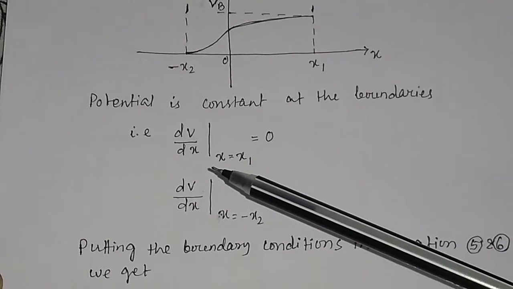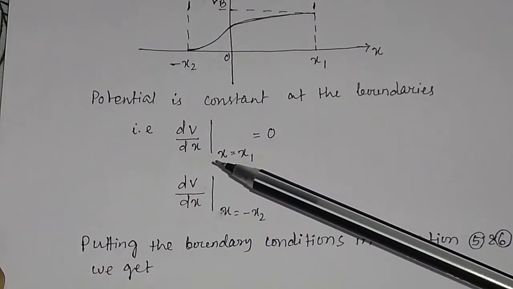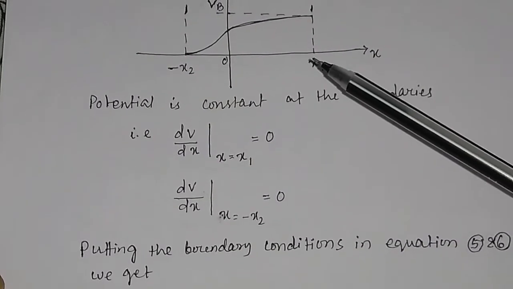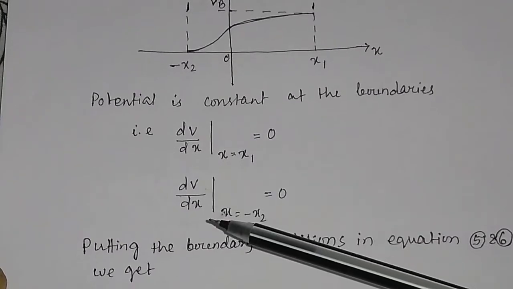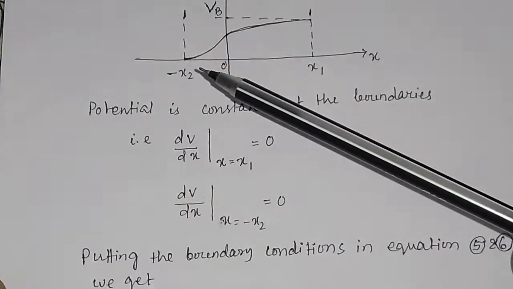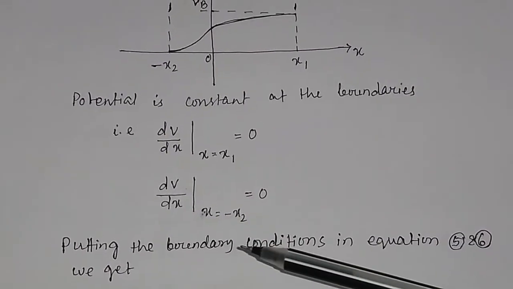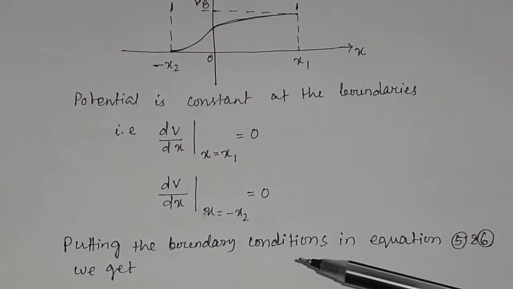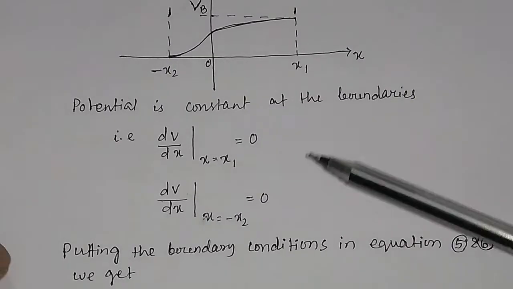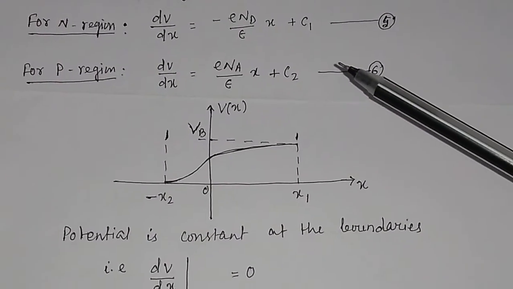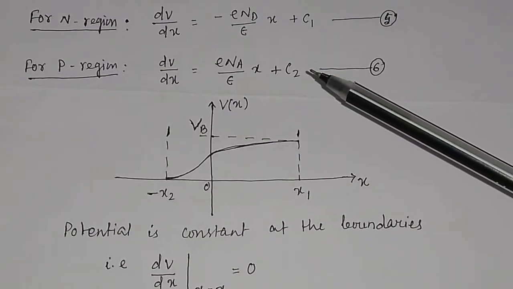So dV/dx at x equal to x1 is equal to 0, and also dV/dx at x equal to minus x2 is equal to 0. So putting these boundary conditions in these two equations, that is equation 5 and equation 6, we can find out the value of C1 and C2.